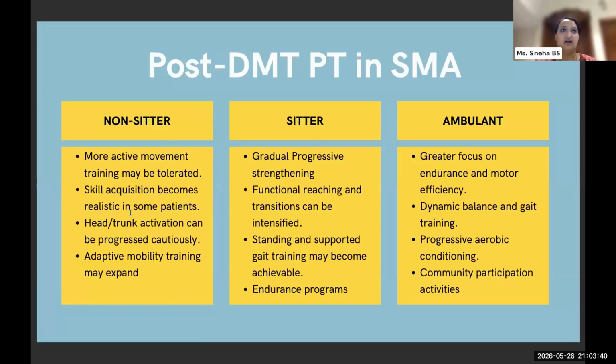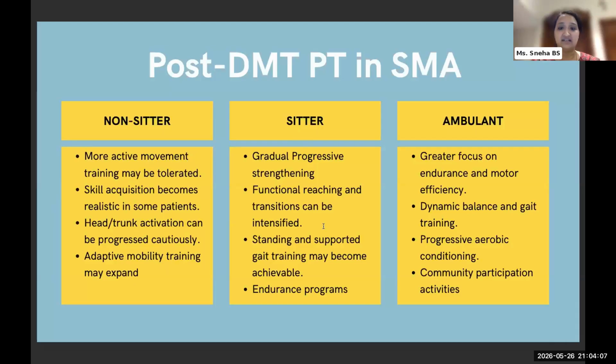Before, SMA type 1 would not sit. That's how they would say it. Now we have post DMT SMA children in our setup actually doing supported standing. That's why prevention of contractures and complications during the pre-DMT phase becomes absolutely necessary, because post-DMT, these children actually have the potential to even take a few steps going ahead.